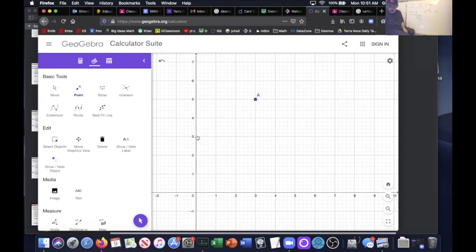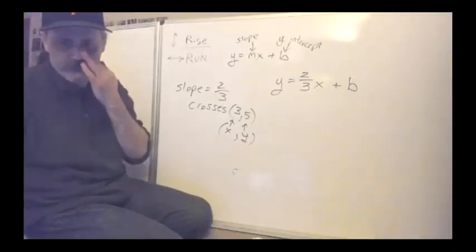So if we rose 2 and went right 3, we could start here, go up 2, right 3. All right, so that's helpful. GeoGebra can help you with that. And since the y-intercept is 3, it's an integer, this is possible. All right, so that's one way to think about it. But let's do this mathematically.